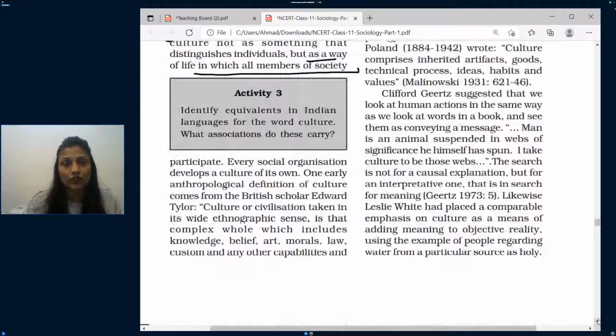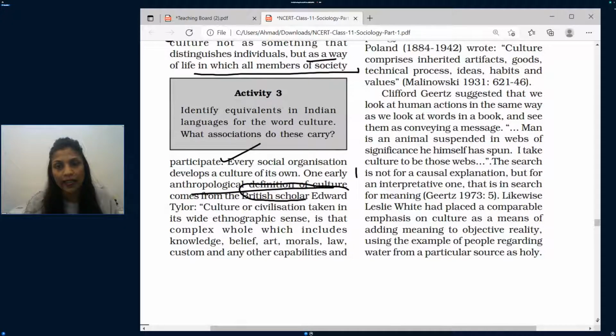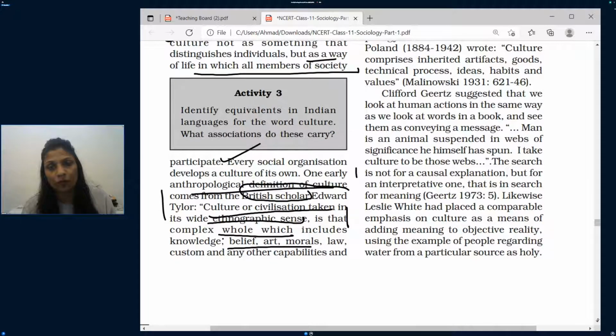So every social organization has its own culture. One early anthropological definition comes from the British school, Edward Tylor, a very famous anthropologist. He says that culture or civilization, taken in its wide ethnographic sense, is that complex whole which includes knowledge, beliefs, arts, morals, laws, customs, capabilities.